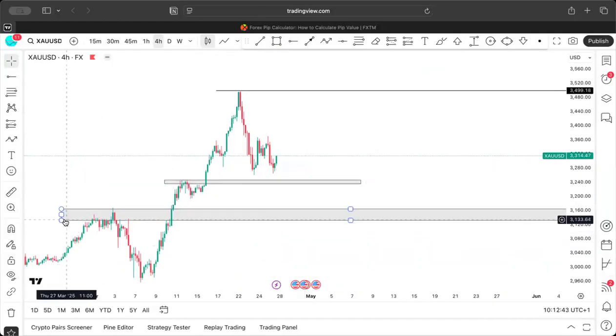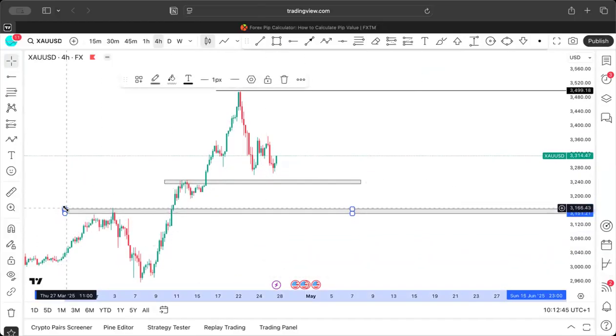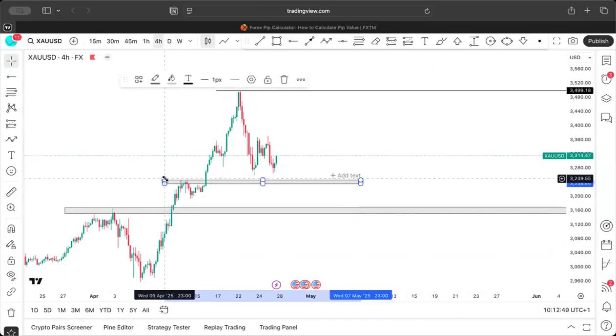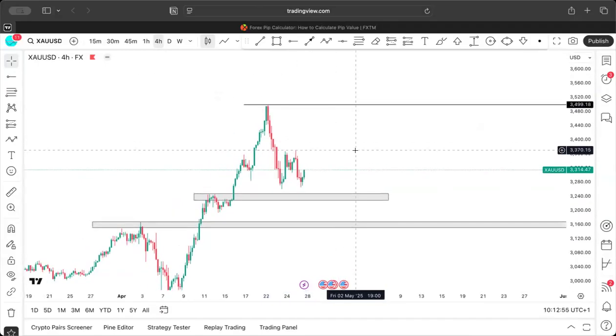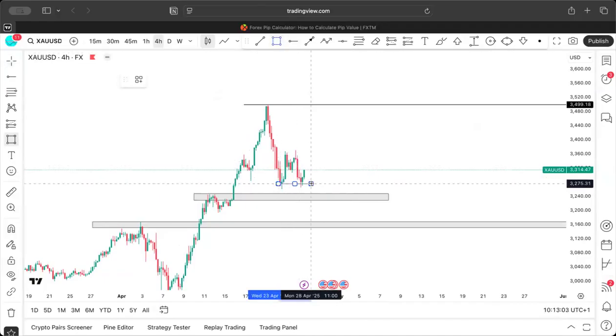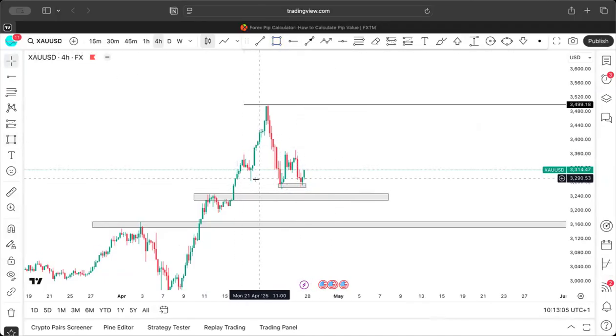And also, let's just quickly adjust this level like so. Okay, so with what I'm seeing right now on gold, it's possible that gold is trying to create a double bottom here. And there was liquidity sitting down on this level right here.